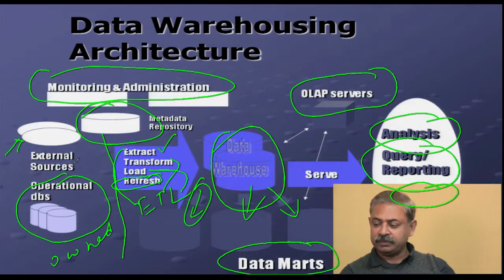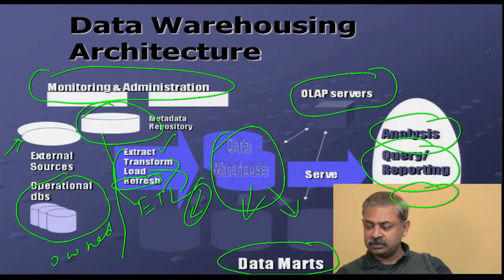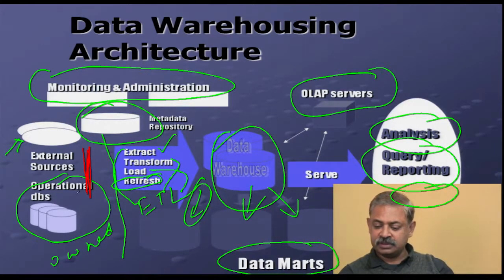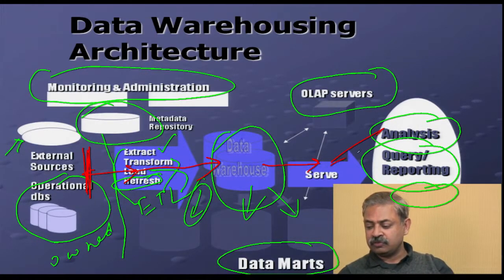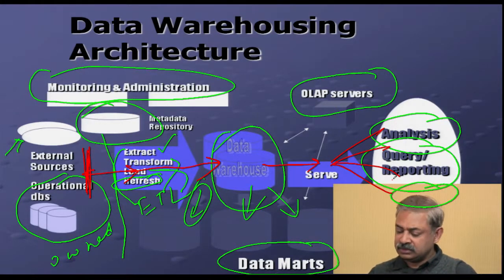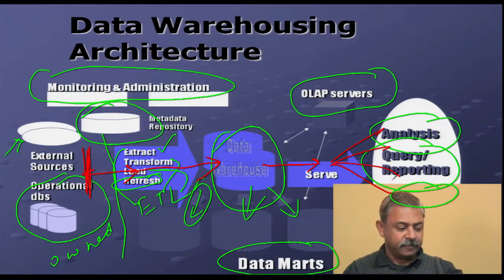So I'll use some other color to illustrate this, say red. Once I've identified the sources of data, these are collectively called the source system, external plus the operational. Then the data is extracted, transformed and loaded into the data warehouse, and then it serves different kinds of purposes. So that's a typical architecture.